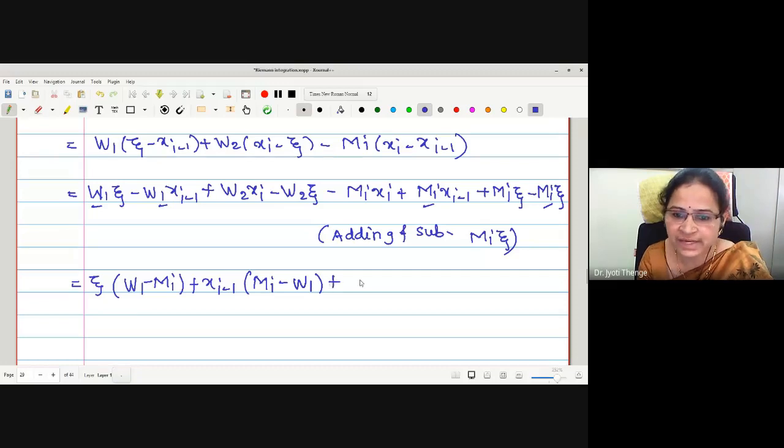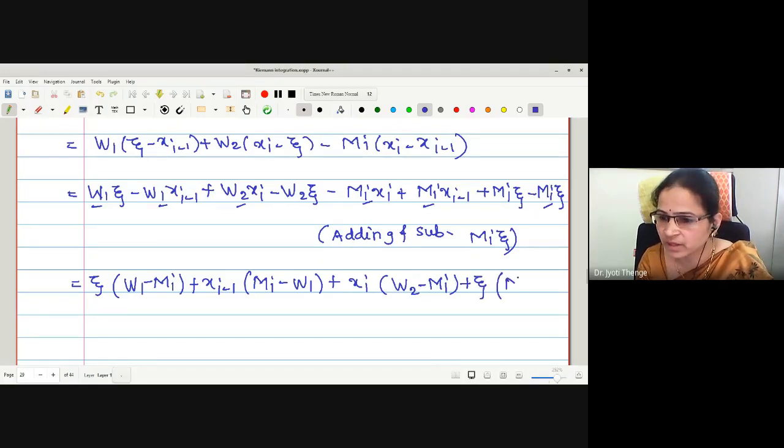Next I will take the coefficients of xi. What are the coefficients of xi? w2 is here, mi is here. Therefore the coefficient is w2 minus mi. Now, how many terms are left? Still, we can find out the coefficient of zeta: minus w2 and plus mi, that is mi minus w2.